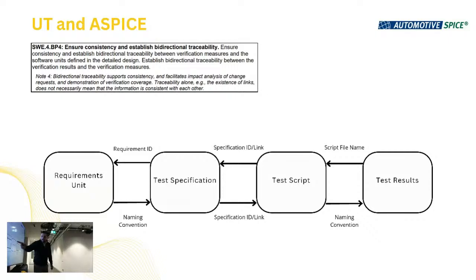And it allows us to know all of that traceability. Basically, from any place that we are, in the code, the specification, requirements, or result, I can access and track the requirement, specification, script and result just by looking at the artifacts without more information. And this is another requirement from ASPICE.